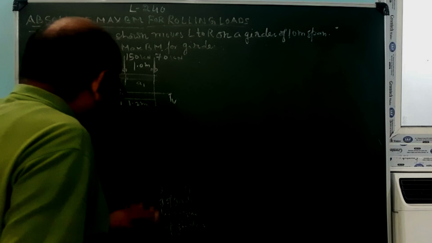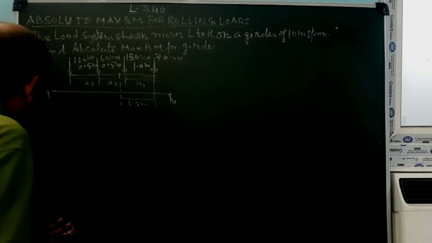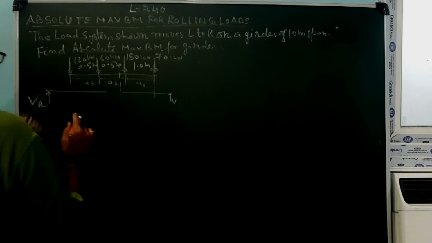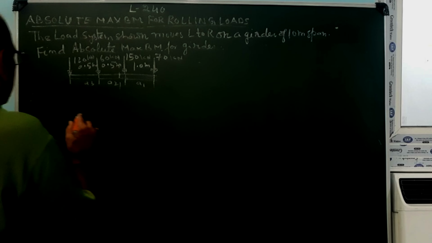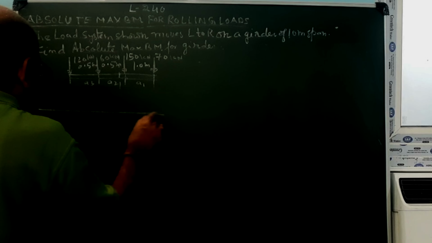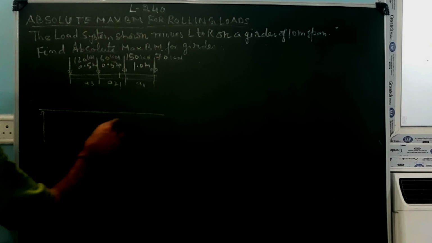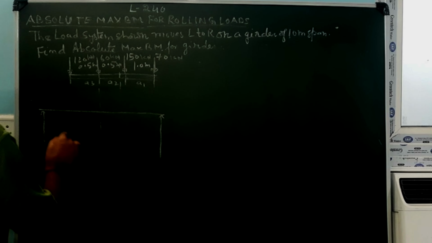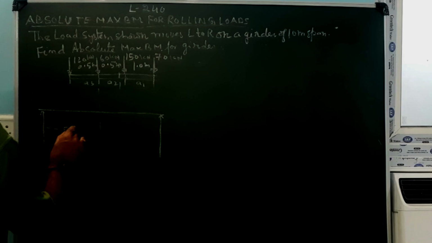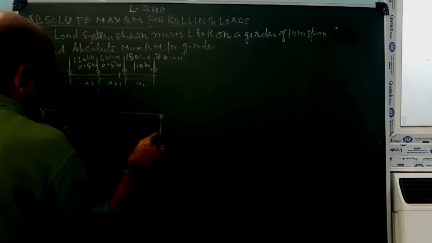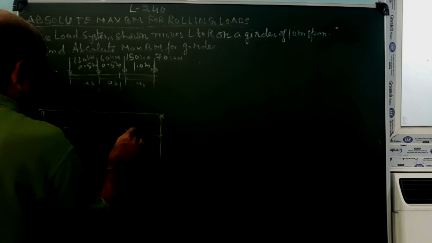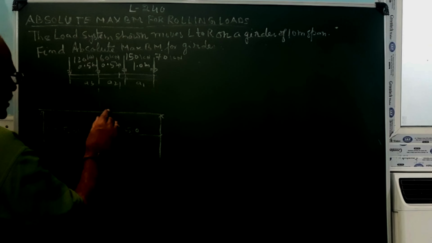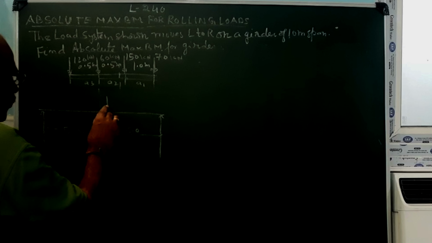So we'll put the load at a distance from the center. This is your girder, and this is your central line, that is 0.5 meter. This is 5 meter, and your 150 kilonewton load will be shifted by 0.1 meter.